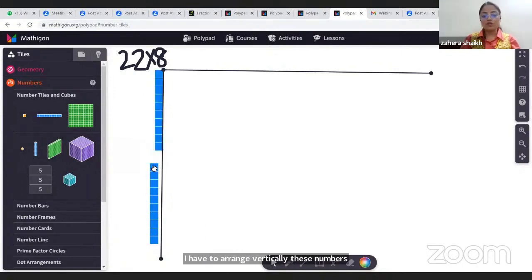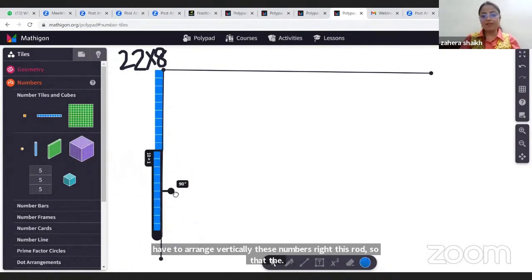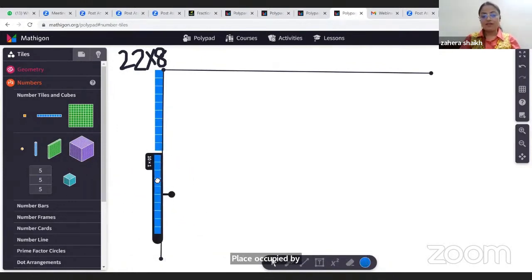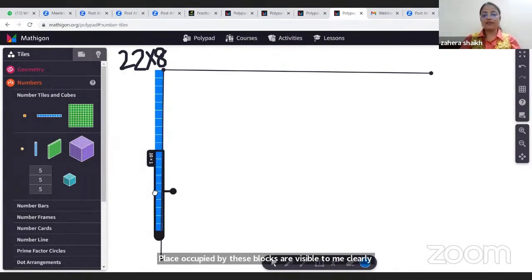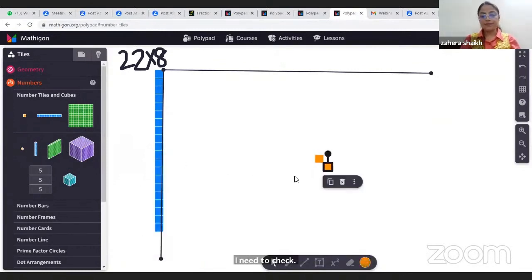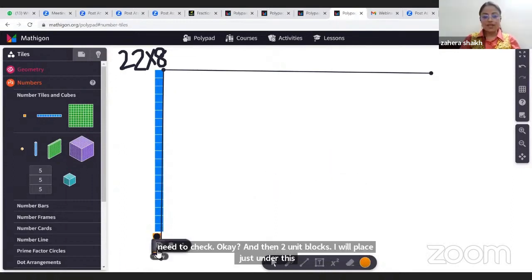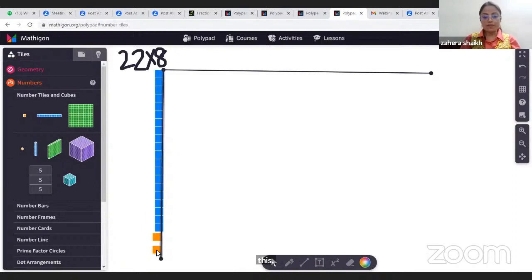This rod, so that the place occupied by these blocks are visible to me clearly, right? I need to check, okay, and then 2 unit blocks. I will place just under this tens tower. Try to place it closely.